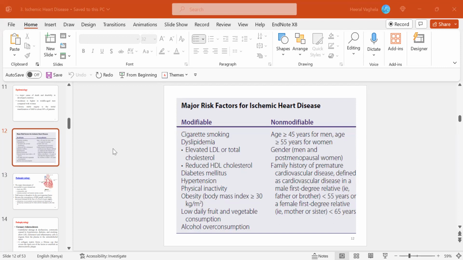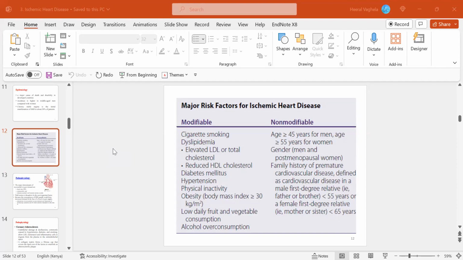Yes, so the major risk factors for ischemic heart disease are modifiable and non-modifiable. For modifiable, you'll have all these common ones that lead to any heart disease: alcohol overconsumption, physical inactivity, obesity, diabetes, and of course dyslipidemia, because we know that LDL is the major cause for ischemic heart disease and myocardial infarction.